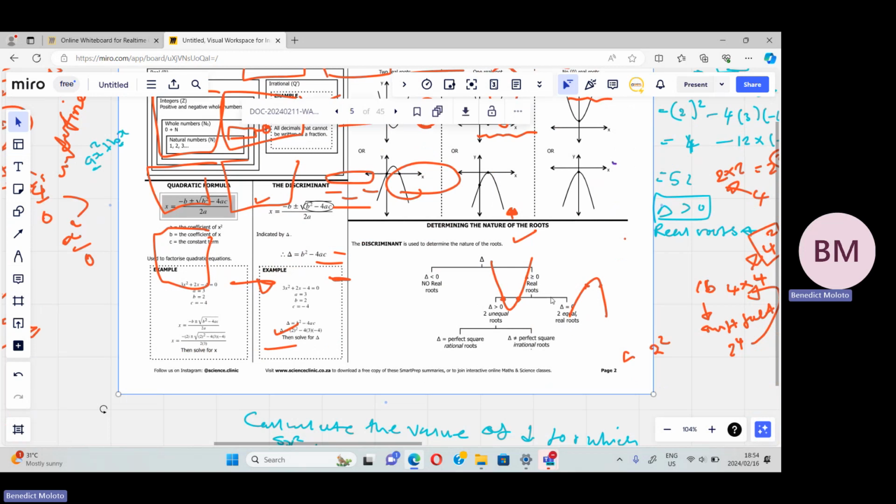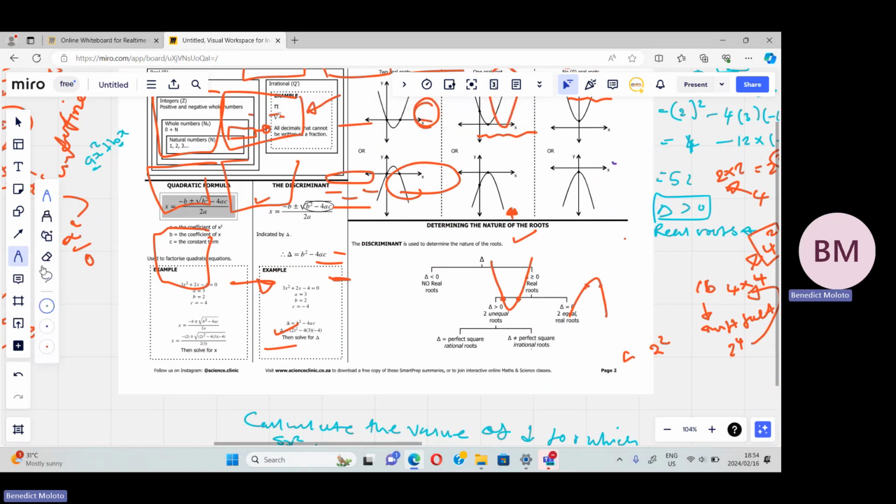Let me erase to make everything simple. You see, it comes from here. The nature of the roots they said is equal. This is what we are talking about: two equal real roots.